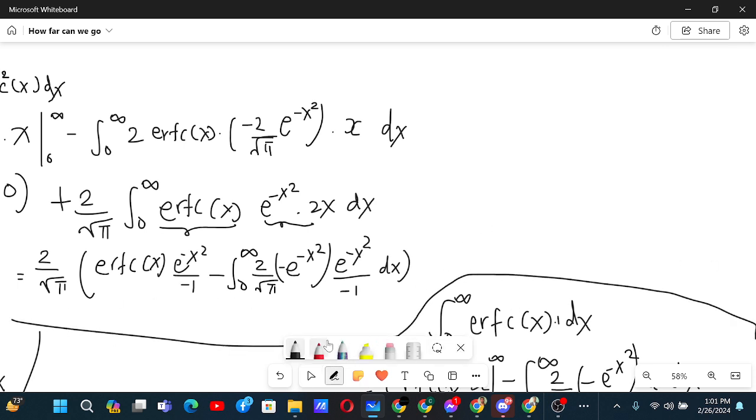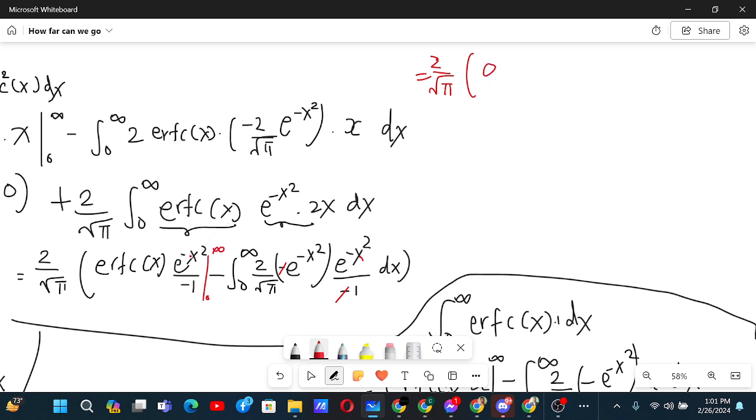So what do we have now? This is to be evaluated from 0 to infinity, and we can notice that minus minus also cancel each other out. So we have 2 by root pi. Now erfc of infinity is 0, so this will be 0.